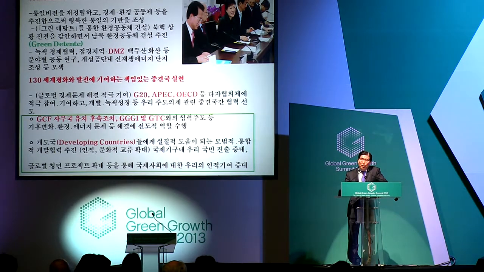Number one, unification of Korea, from small to large unification, through the DMZ, green detente, and so on. And you see the English right here, developing countries. That means we continue to work on technology transfer for developing countries.